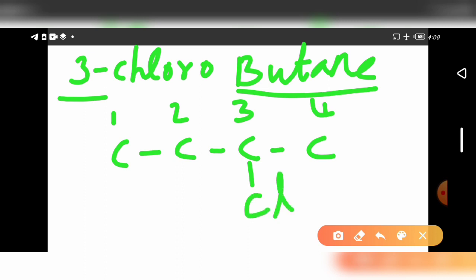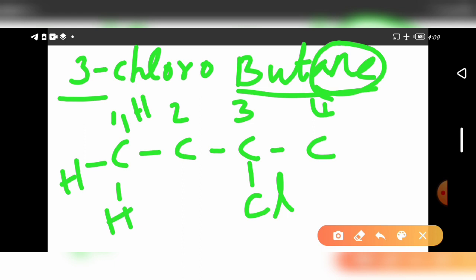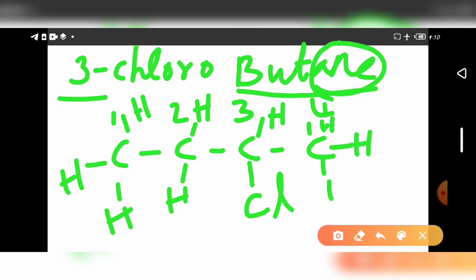Okay, next ane is presented, that is all the hydrogens are presented with single bonds. So you write hydrogen here, H, H, H, and here also H, H. Here also 1 H, because another one is bonded with chlorine. So here also 1 H, another one is here, and another one is here.